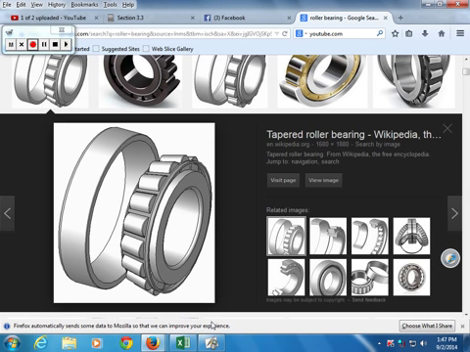Everybody got a picture of that? That's a bearing, B-E-A-R-I-N-G. There's your rollers. Some use ball bearings. Some use roller bearings. That's your outside race, inside race, and then your ball bearing. That goes into that, and it sits in there, packed with grease, and it just turns. That's all it does.